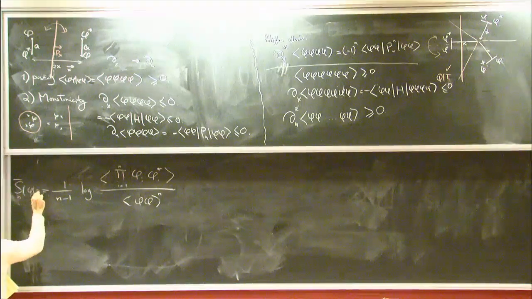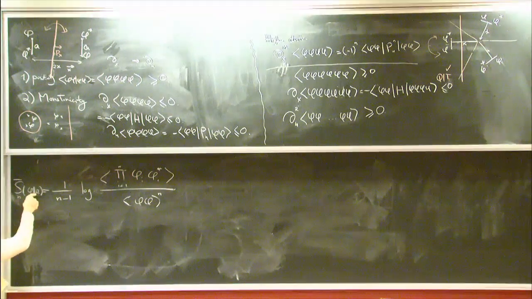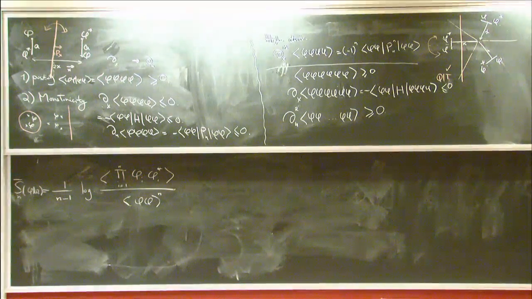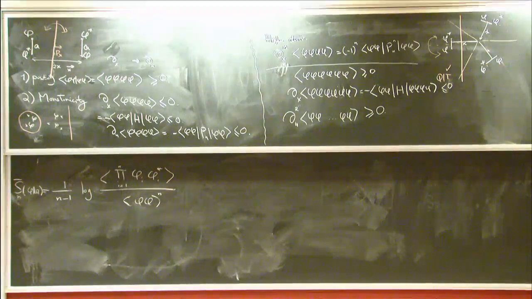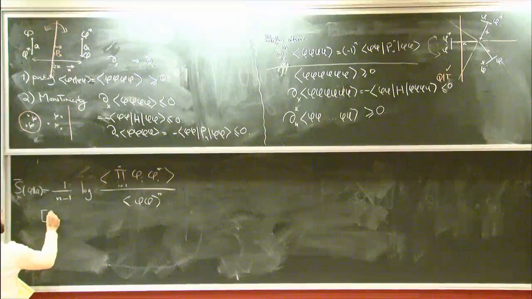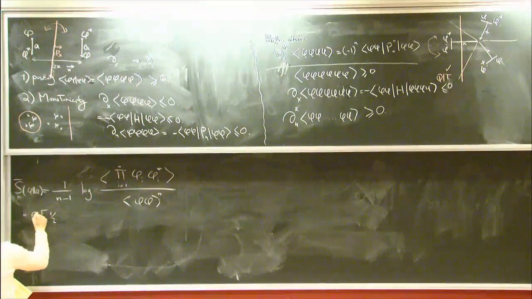Let's give it a name. I'm going to call it this. This is just the vacuum; we'll come back to this. This is a family of correlation functions I constructed out of correlation functions for all positive integer n. You can analytically continue this to this range.